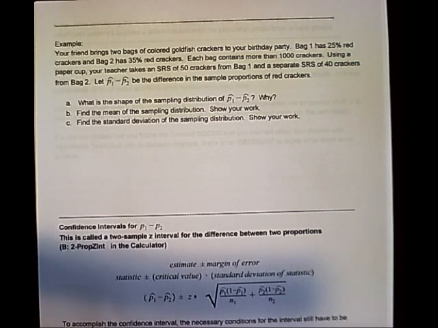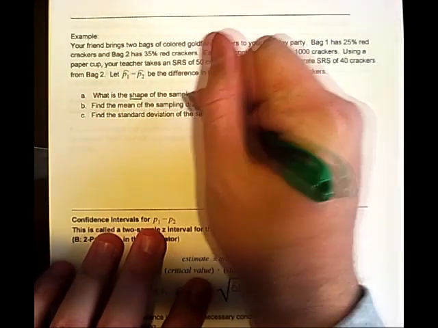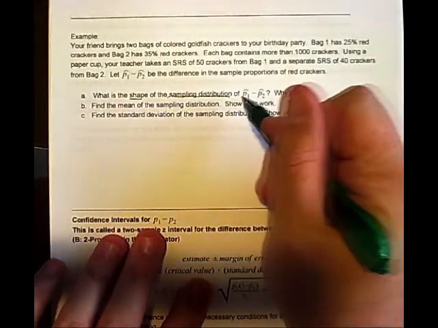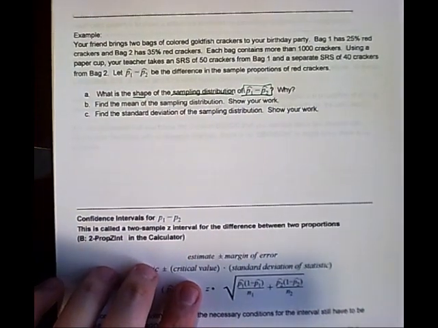Each bag contains more than 1,000 crackers. It says using a paper cup, your teacher takes a simple random sample of 50 crackers from bag 1 and a separate simple random sample of 40 crackers from bag 2. Let p hat 1 minus p hat 2 be the difference in the sample proportions of red crackers. So part A. It says, what is the shape of the sampling distribution of the difference in sample proportions, and why?